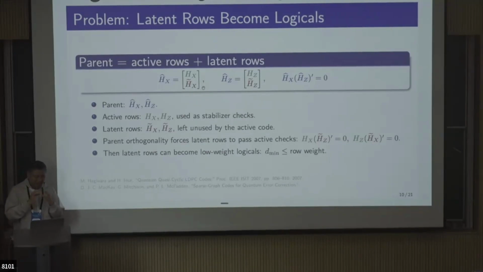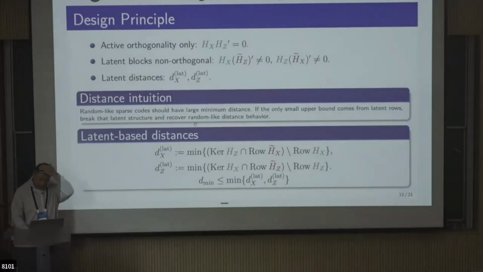We can randomly construct the parity check matrices HD, HX and HZ and make them sparse. And you want to make the latent upper bound as large as possible? Yes. This latent distance measures the risk of the minimum distance, which stems from the latent upper bound.